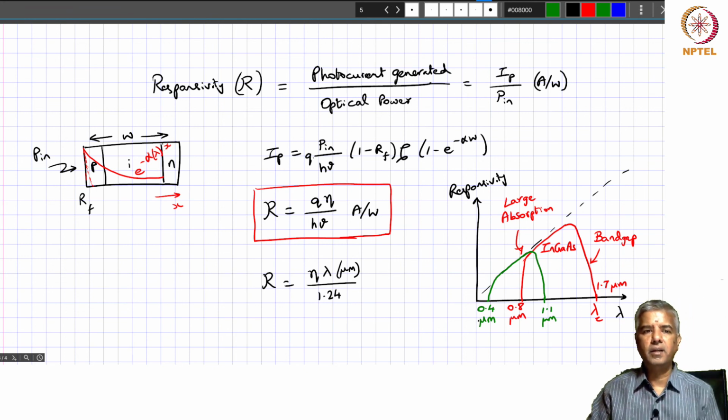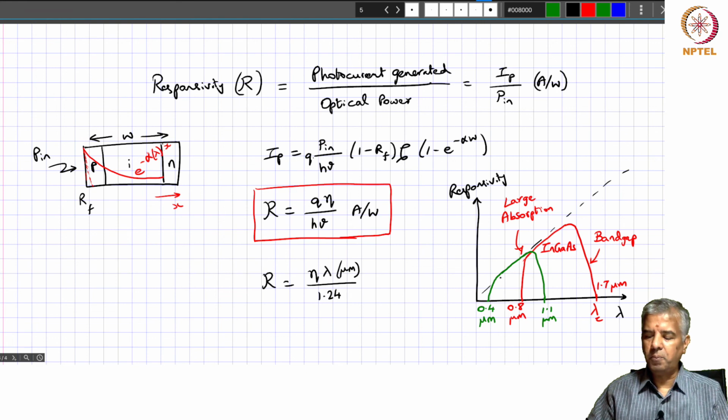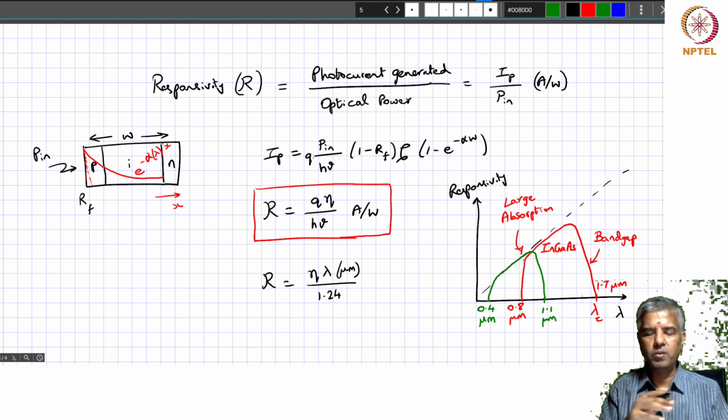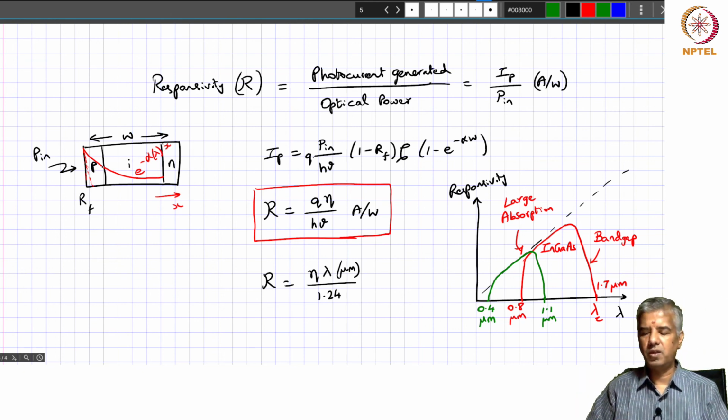So it has very good responsivity over here, but very poor responsivity for longer wavelengths, because if you make this entire PIN structure relatively thin, most of the longer wavelength light is going to go straight through, so it's not going to register a lot of photocurrent within this structure. Those are the typical characteristics of PIN photodiodes.